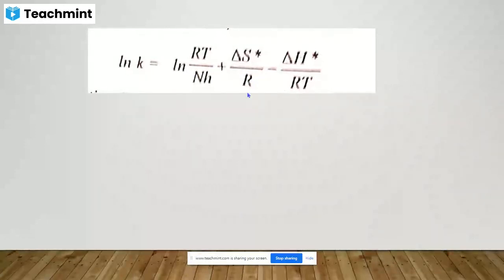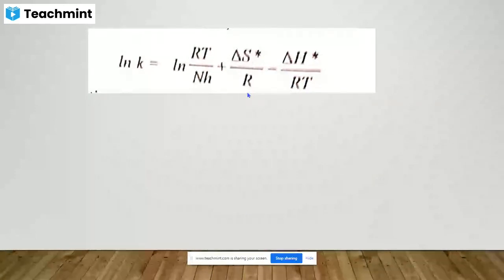Next, and the last point of this topic, is the comparison between the collision theory and absolute reaction rate theory. What is the comparison between these two theories? Whenever we compare these two theories, we have to monitor the important points.